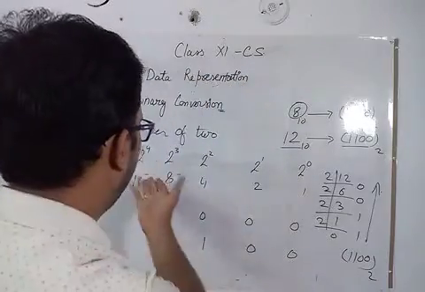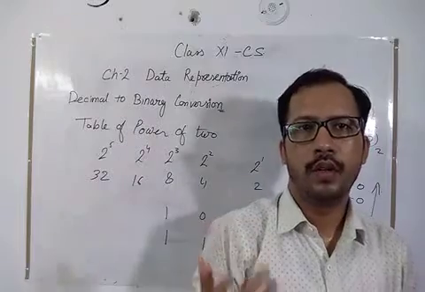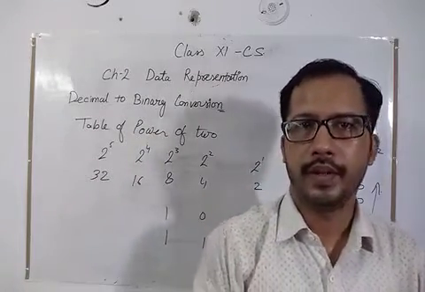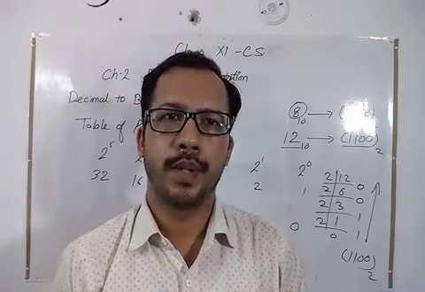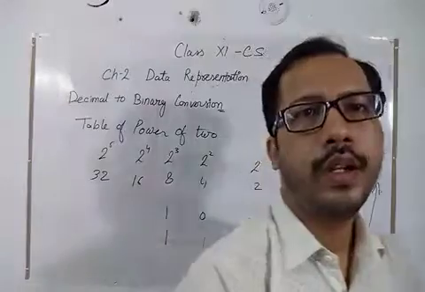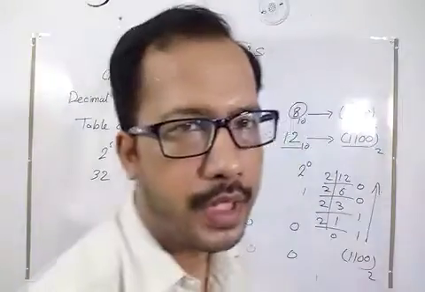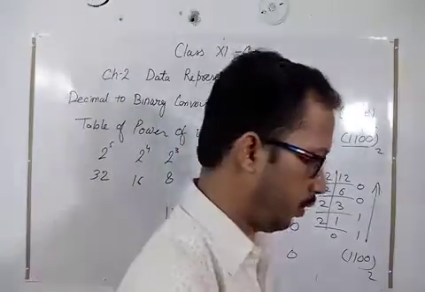Now by referring to the table of 2, you can easily convert any number from decimal to binary. The method works well for decimal to binary conversion. So now one conversion I have left, which is converting from binary to decimal.